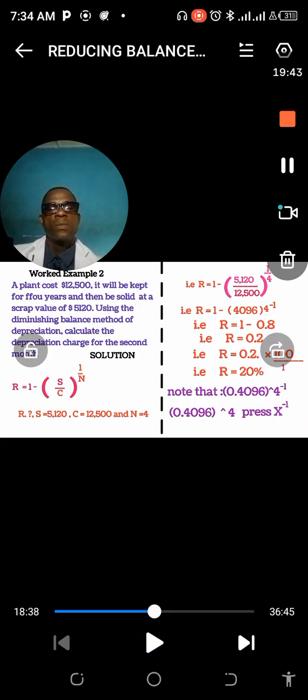So having gotten the rate to be 20%, then we are going to prepare the depreciation schedule. But know that 0.4096 raised to power 4 minus 1 is the same thing as 0.4096 raised to power 1 over 4 then minus 1.